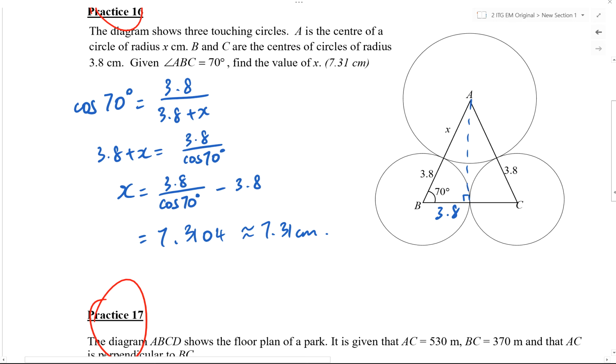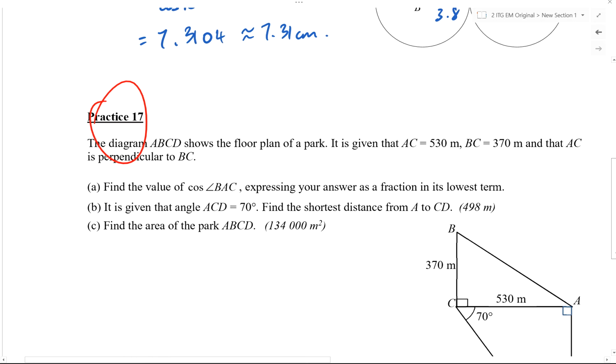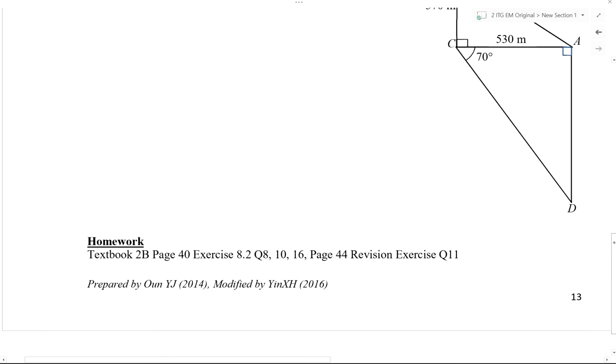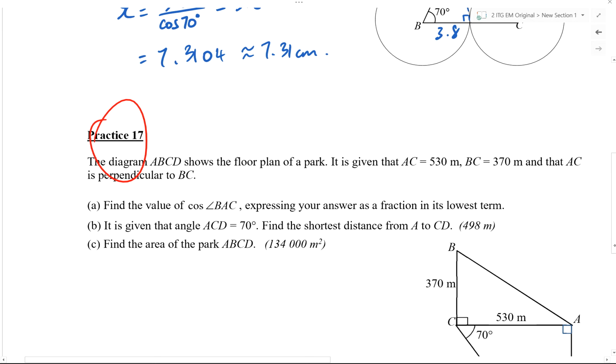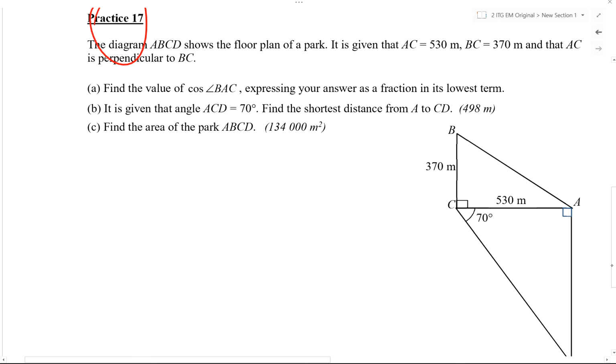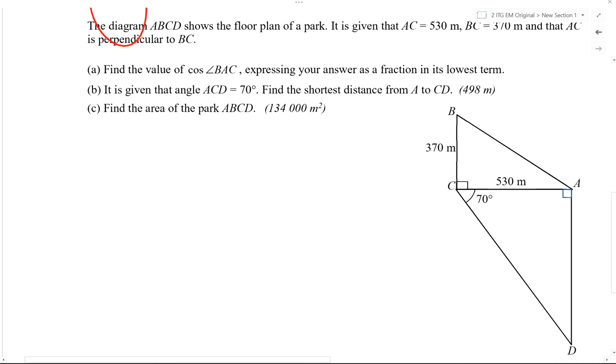Then the last one. Part A, cosine BAC. This part. Adjacent over the hypotenuse.